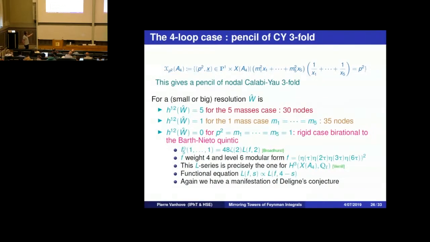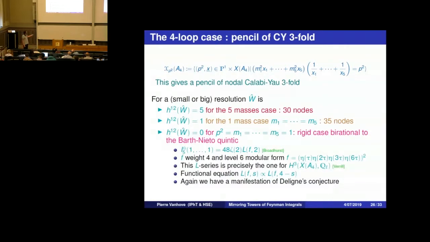If you think about the number of masses here, then when you look at the elliptic fibration, you realize that indeed this quantity is birational to a product of two of these two-loop sunset elliptic curves. So you understand how this geometrical construction I've been describing naturally motivates the appearance of this modular form, which is just the square of the eta product naturally associated with it.